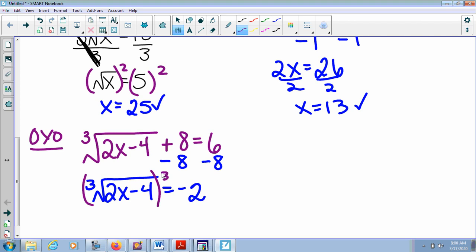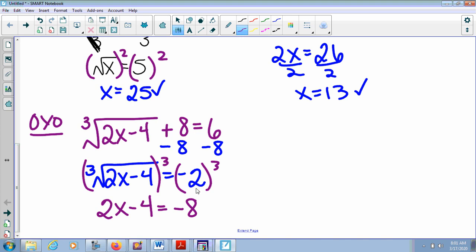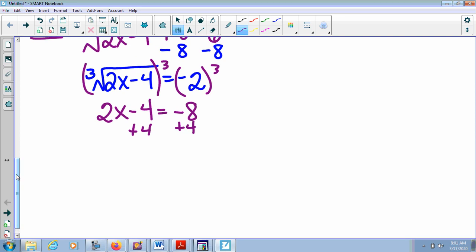So 2x minus 4 is equal to negative 8, because 2 cubed is 8, so negative 2 cubed would be negative 8. We're going to add 4. So 2x is negative 4, and then divide by 2, and x equals negative 2.